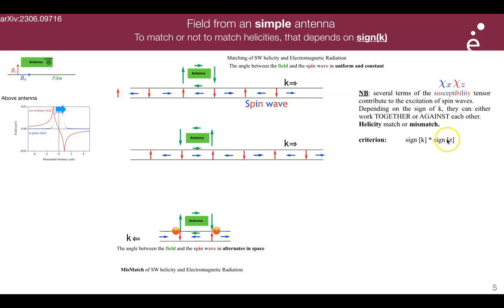So you'll have sign of z, where z is the position of the antenna, and also whether you're considering spin waves with positive wave vectors or negative wave vectors. So in any criterion for excitation of the spin wave, you will have terms like sign of k times sign of z.